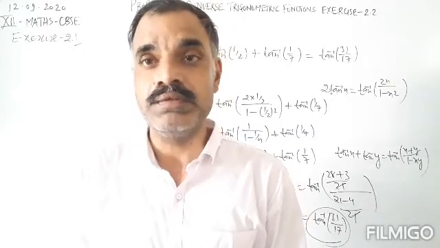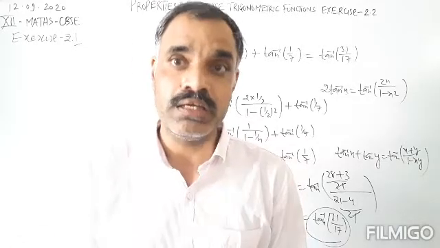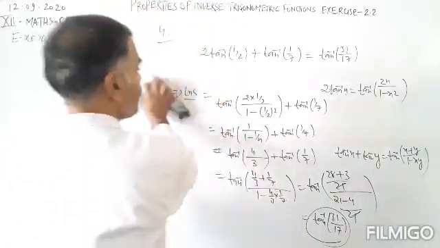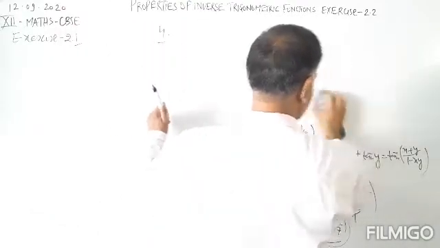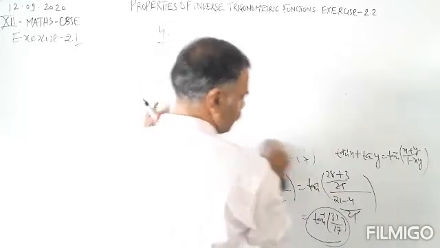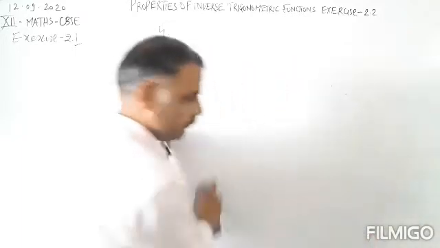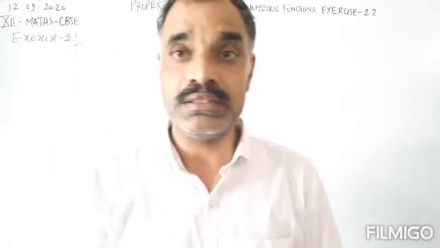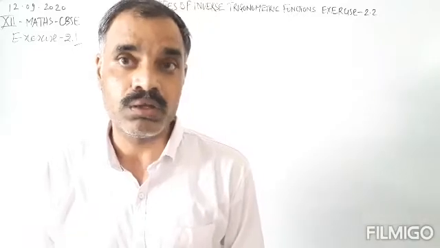Simplest form means in simple inverse trigonometric functions. So we have to use the trigonometric identity, not the inverse trigonometric identity. If we know the trigonometric identity, then it is a very easy task to simplify all these.